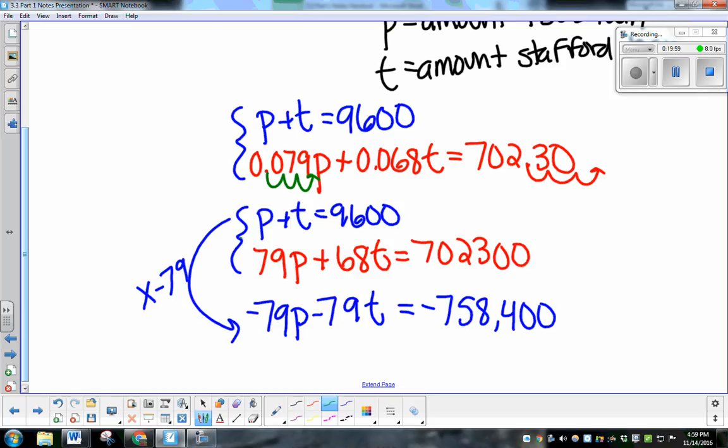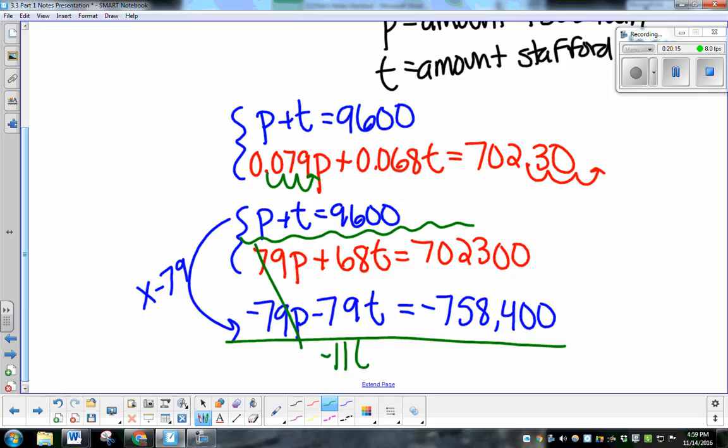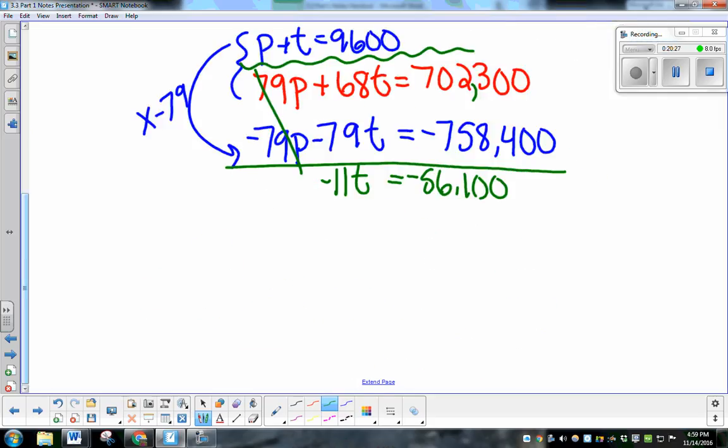So my P's cancel. And let's see, I've got 68T minus 79T, and that I believe is negative 11T. Equals, I'm going to add up those two numbers, 702,300 minus 758,400, and I get negative 56,100. So I just need to divide each side by negative 11, and I'm left with T equals 5,100.